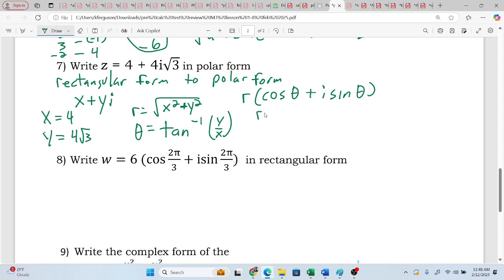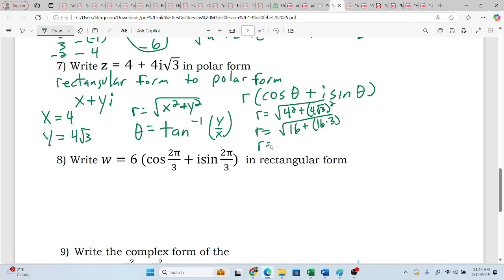So I said r equals the square root of 4 squared plus 4 times the square root of 3, squared. And so r equals the square root of 16 plus, 4 squared, which is 16, times 3, because the square root and the square cancel each other out.